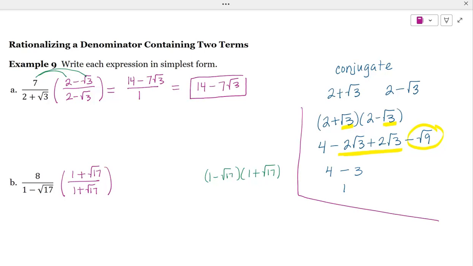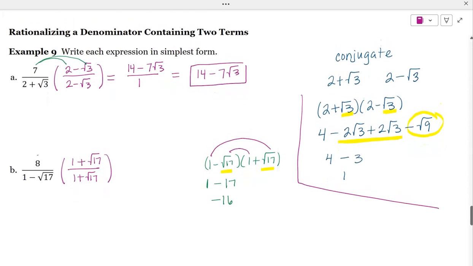When I multiply the first terms together, I get 1. I know from what I did before that when I multiply the inner and the outer, those are going to cancel. So I really only need to think about multiplying the first terms together and then multiplying the last terms together. Those last terms are always the same. So what I'm ending up with is, in this case, 1 minus 17, or a negative 16 overall.